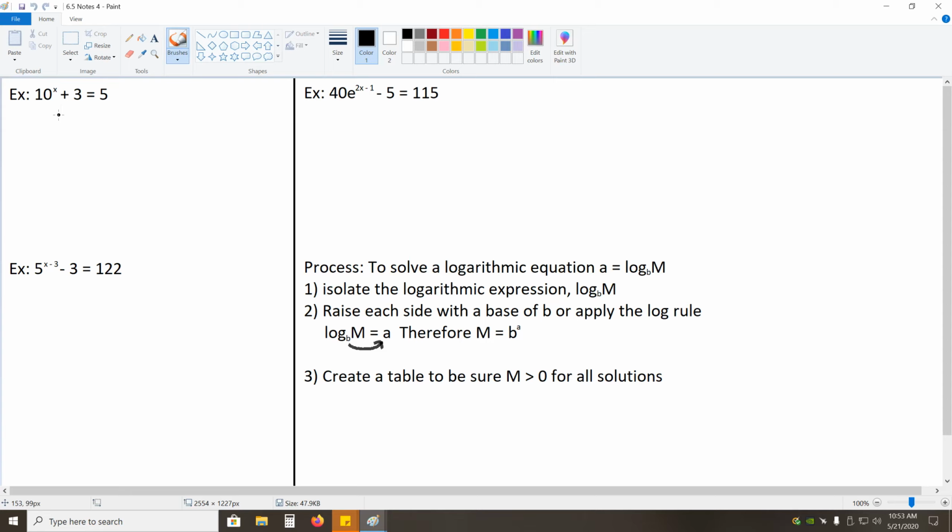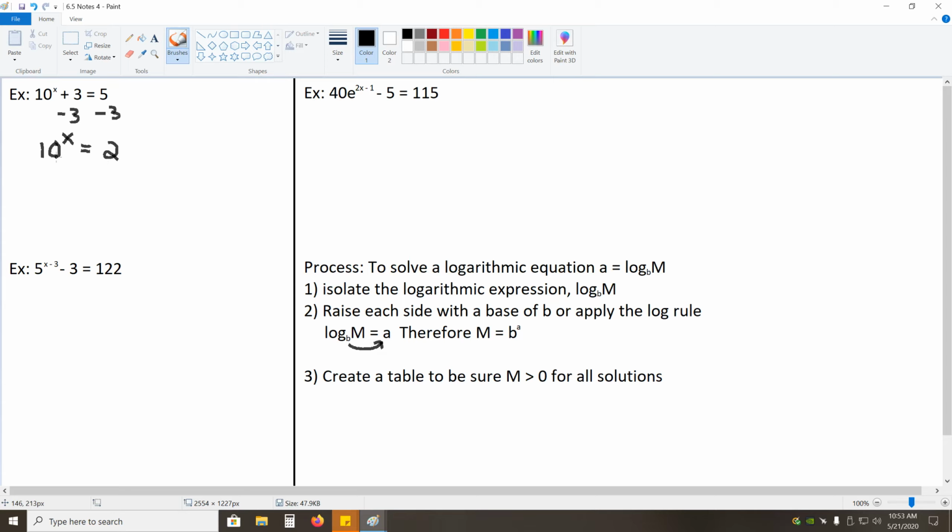Remember to only find a decimal value if the problem specifically states that you can approximate these things. So the first thing that we should do here is subtract 3 from each side of the equation so that we can get the exponential expression isolated. That'll give us 10 to the x equals 2.